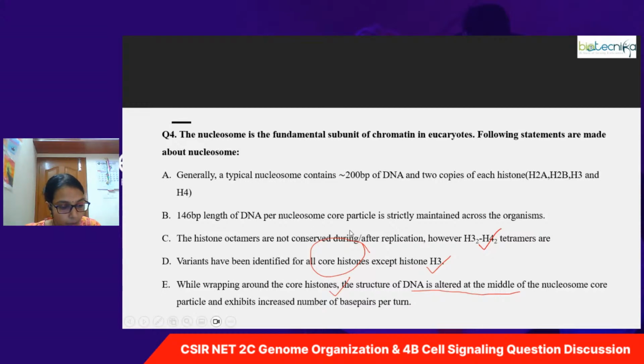I can see Anupam has given the answer. Anjali, okay, majority of you are saying two, that is A, B, and D are correct.